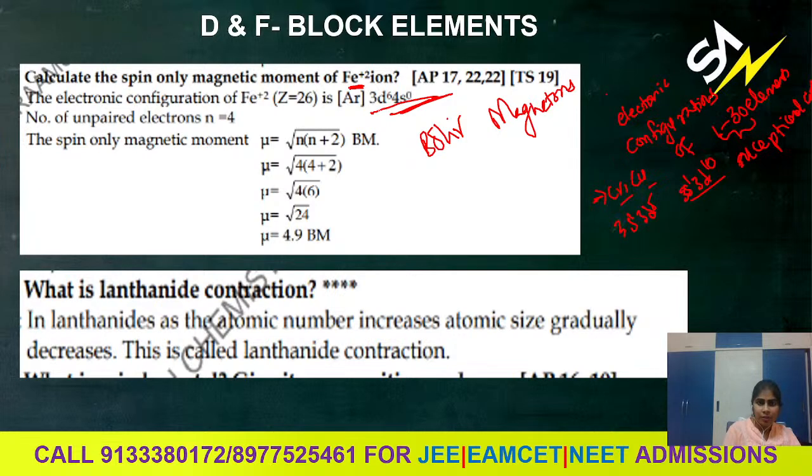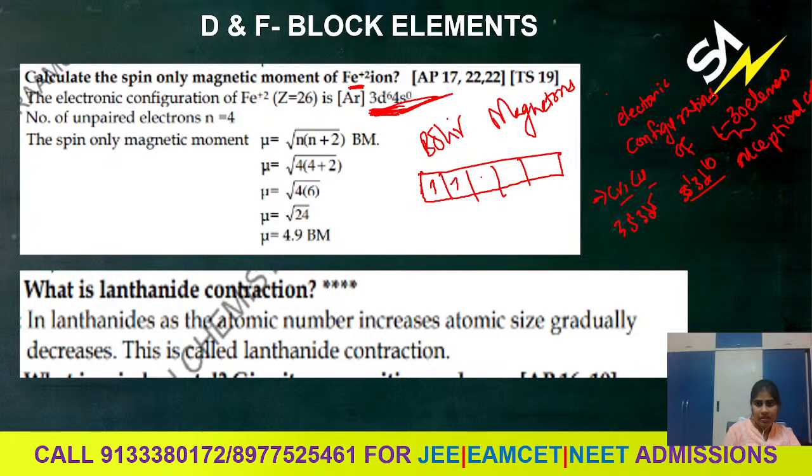So if you observe this configuration and write it in its orbitals, it is filled in d orbital, right? D has 5 orbitals. You need to arrange these 6 electrons in these 5 orbitals.